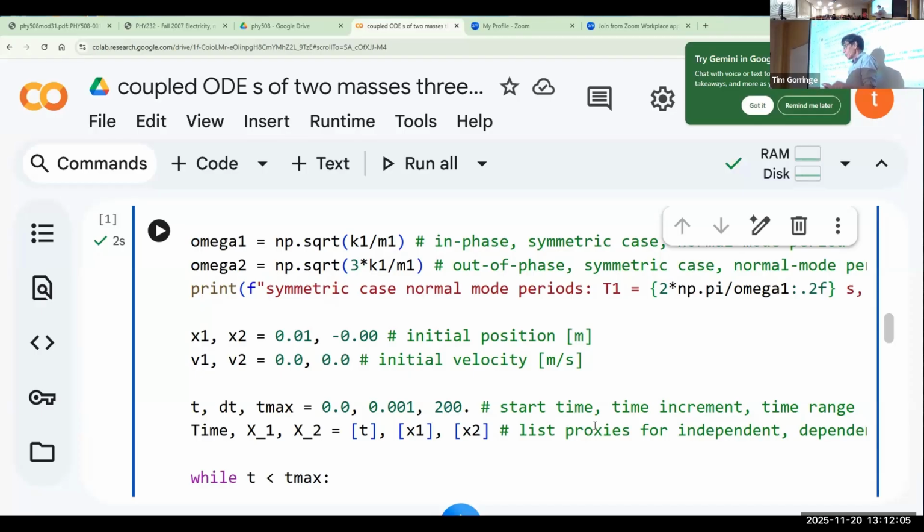We want to explore x1, x2 as a function of time. So I'm initializing some lists that are going to accumulate the proxies for the independent variable, time, and the dependent variables x1 and x2. When I initialize them here, I actually initialize them with the first element of the list, which is from these initial conditions.